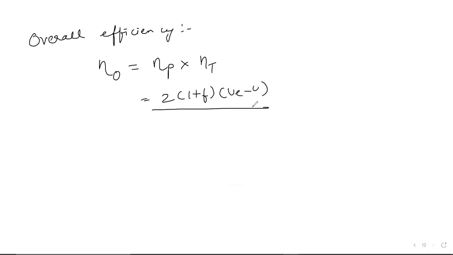Overall efficiency is basically eta P into eta T, that is thermal. So the eta P formula I am taking from here: 2 times 1 plus F, UE minus U, divided by 1 plus F, UE square minus U square. What is eta T?